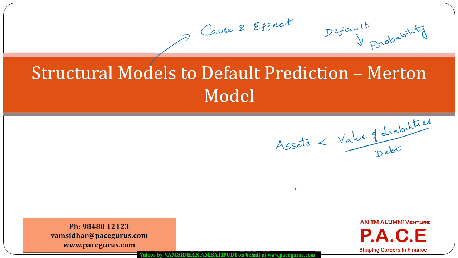If the value of their assets is not sufficient to cover the liabilities of the firm, then we say that this firm has defaulted, because we know that total assets equal total liabilities plus owner's equity, a balancing equation. Now, if assets have gone lesser than the total liabilities, it means owner's equity is negative.